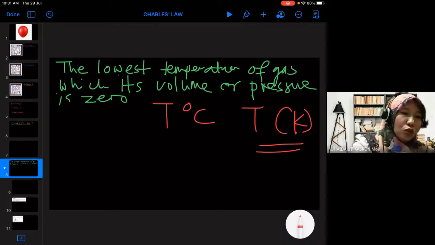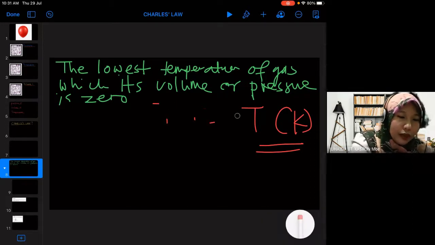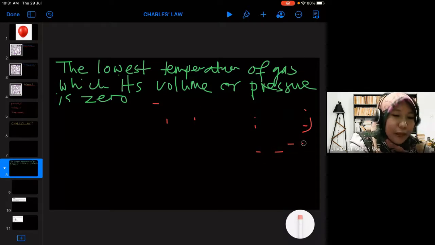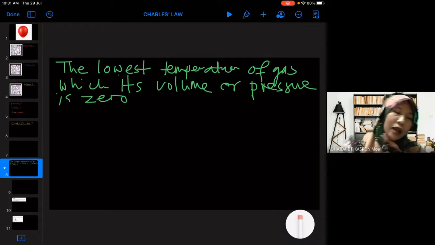So what is actually the absolute temperature here? The absolute temperature is the lowest temperature of the gas, when its volume or pressure is zero.